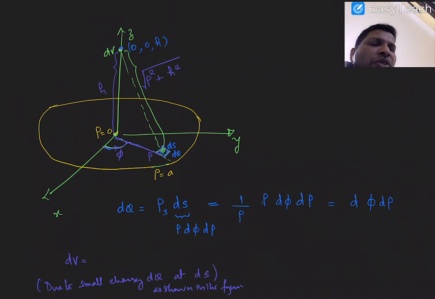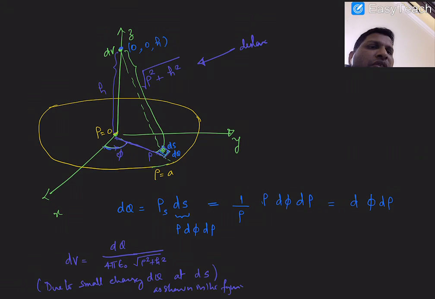So this is given as the small charge dq divided by 4 pi epsilon 0, and the distance. What is the distance? The distance is nothing but the square root of rho square plus h square.